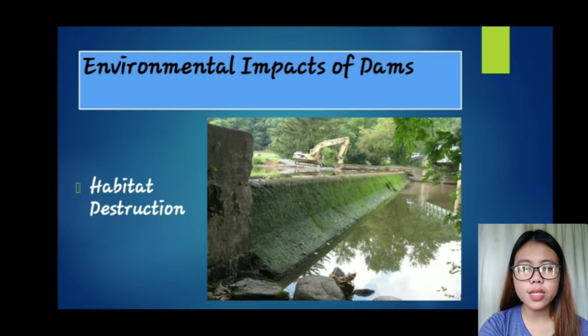Dams also cause habitat destruction. Any dramatic change in river composition stresses both up and downstream habitats. Habitat loss is the leading cause of extinction. Dams disrupt fish and bird migration.